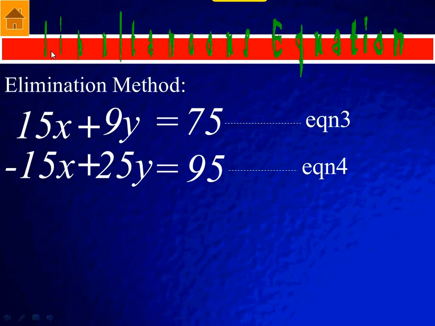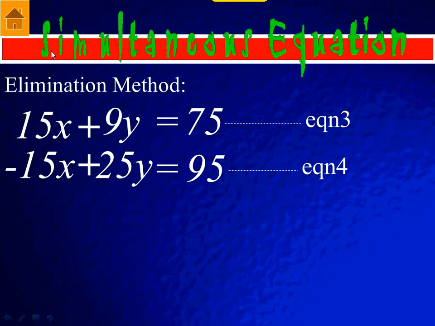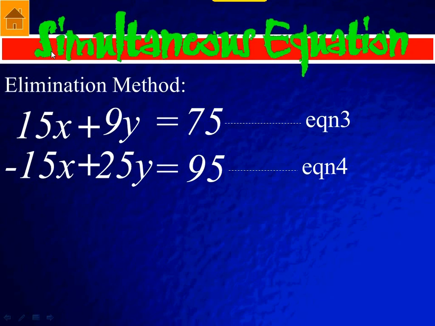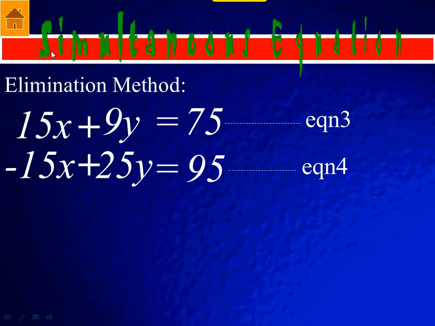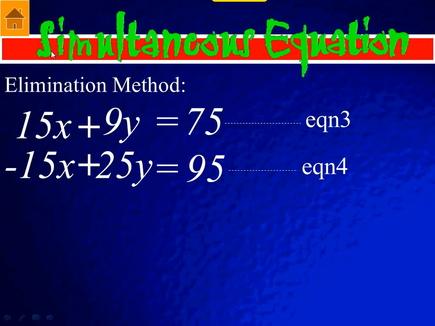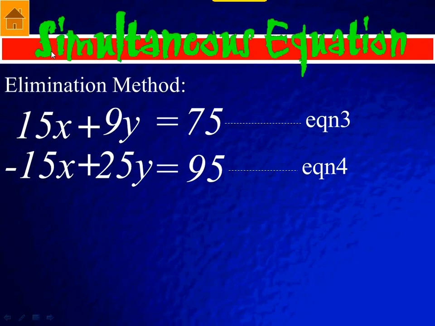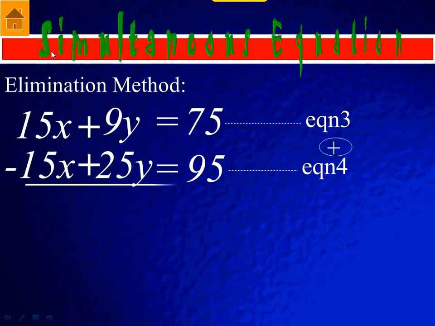But we observe now that the signs are different, because the sign on this equation here is negative, this is negative 15, so this is minus, and the sign up here is plus. Now, when the signs are different, we add the equations. So that's what we do here.